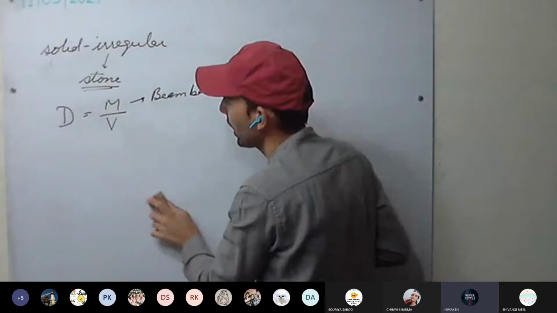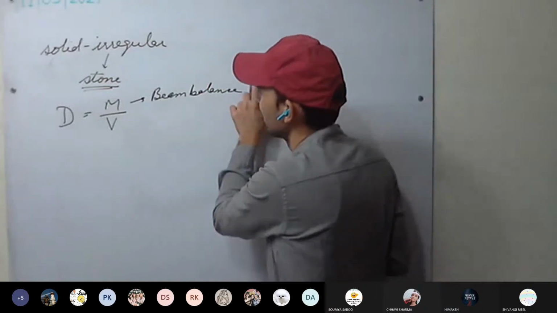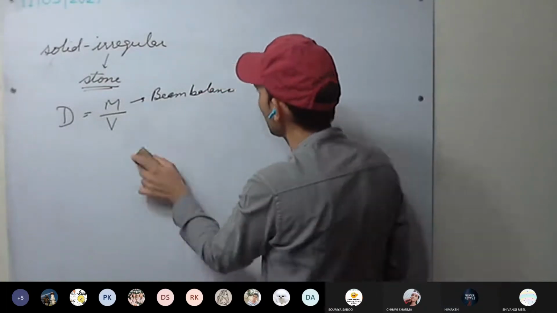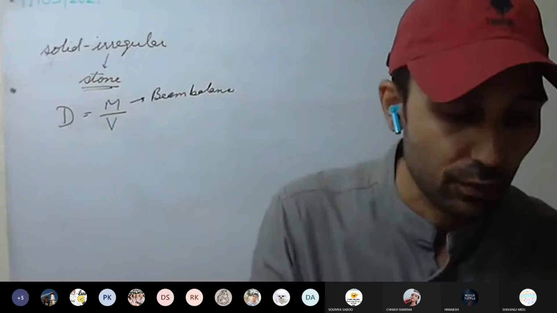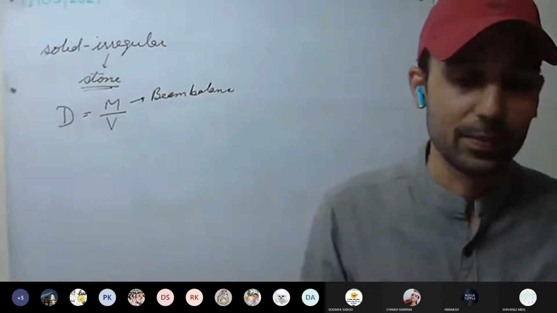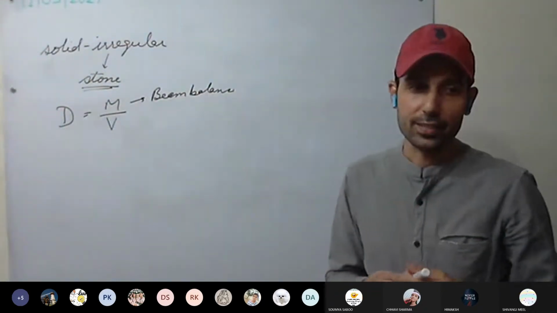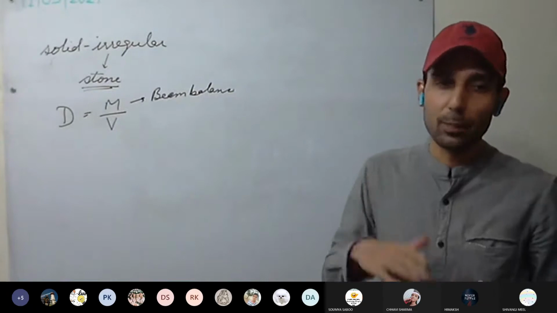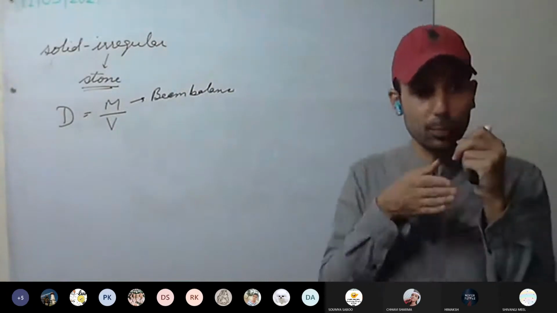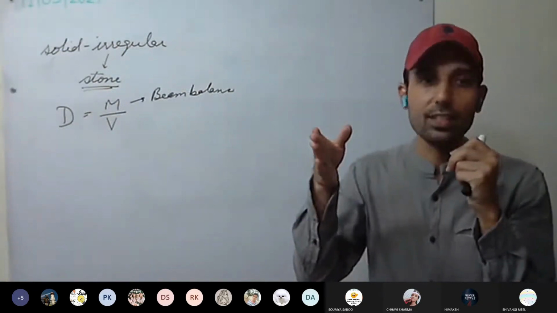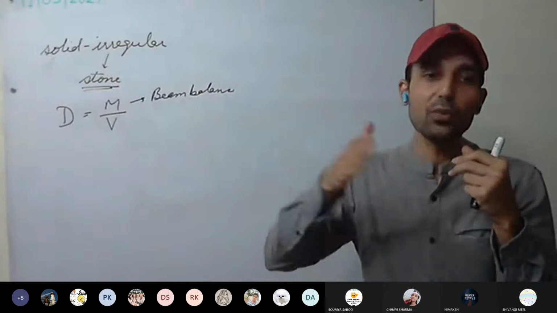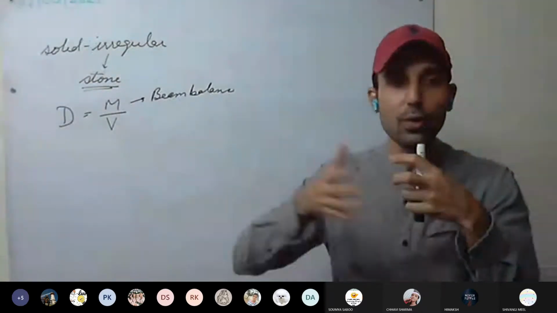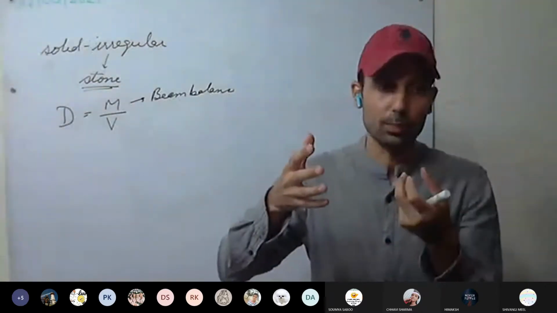That method is called the displacement method. Why is it called displacement? Because here the stone is going to displace water. It will move away water equal to its volume.